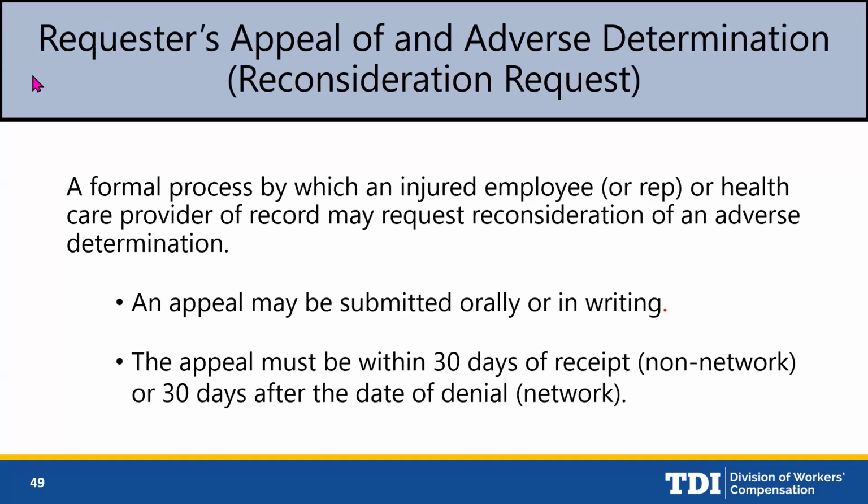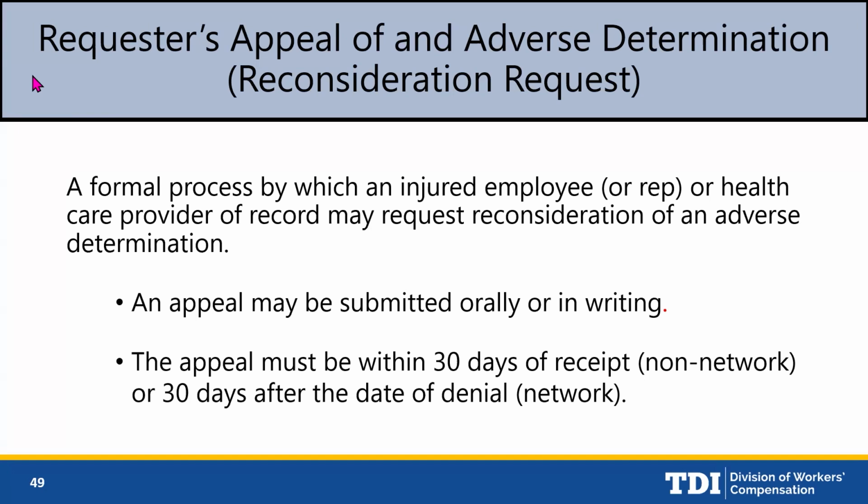If that doesn't work, you can appeal the adverse determination during a request for reconsideration. This is a formal process by which the healthcare provider of record, we can call those requesters, or the injured employee can ask for an appeal of the initial adverse determination.